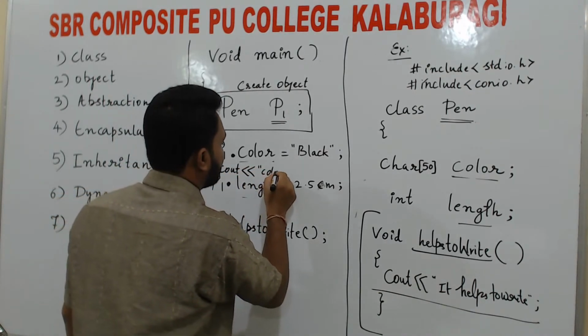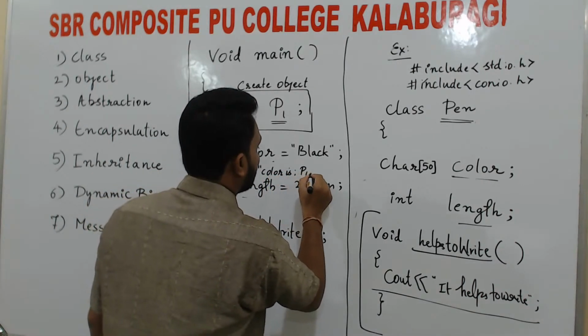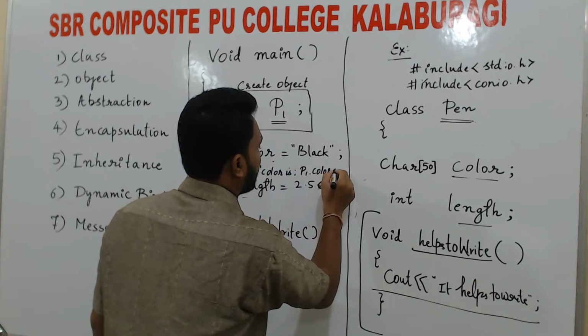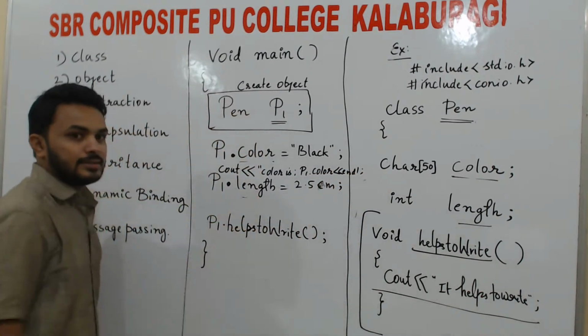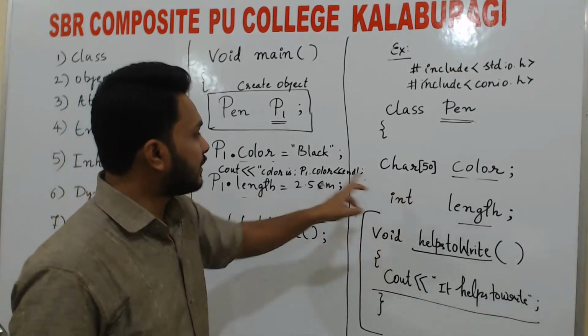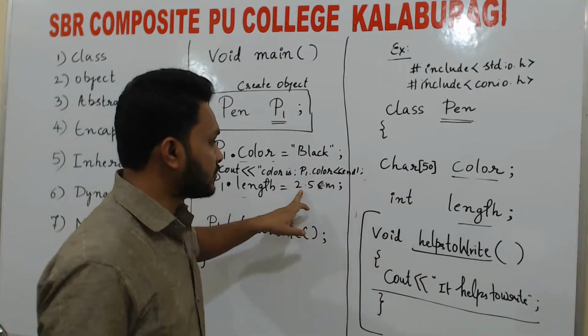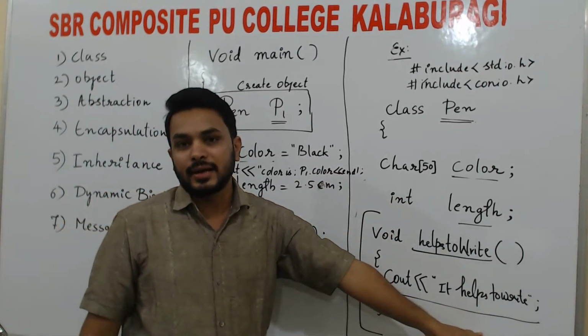The color is, d1.color, ending the line. So if you write inside Turbo C++, it will give output as the color of the pen is black, the length is 2.5, and the function is it helps to write.